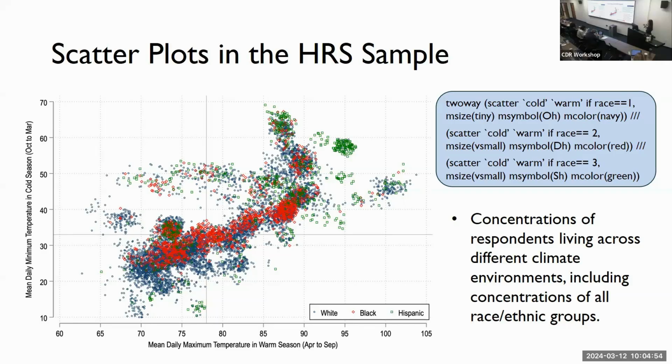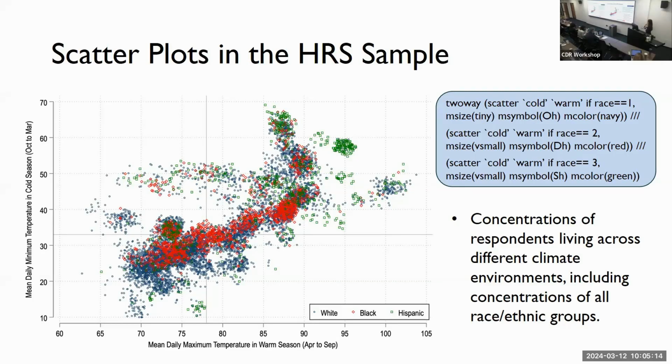And then you can see that there is concentration, although on the bottom, the two diagonal areas have more concentration of people, but we also do see people in all 4 elements of climate environments.